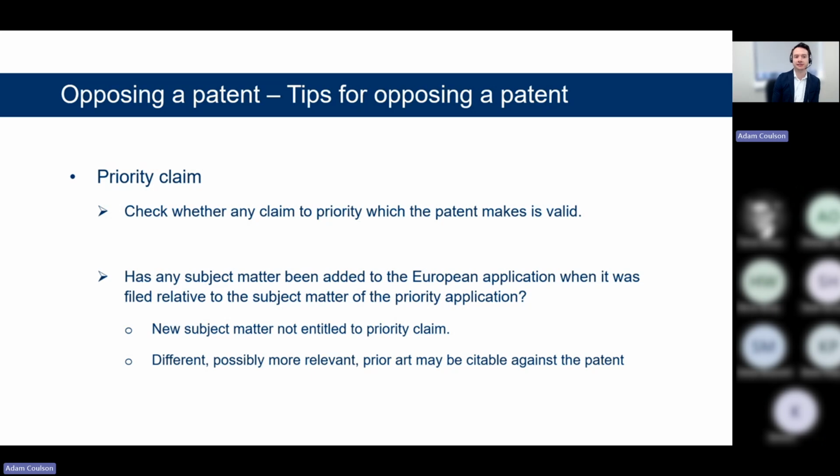If the European patent as a whole or part of it is not entitled to its priority claim, then the patent or the relevant part of it is not considered to have been filed on the date of filing the priority application, but instead is considered to have been filed on the date of filing the European patent application. This means that any prior art published between the once considered priority date and the filing date of the European patent application is actually pertinent to the claims of the European patent and can be used to attack the patent.